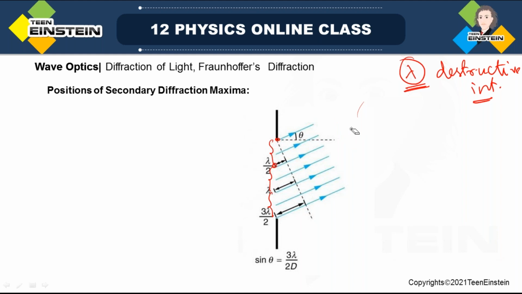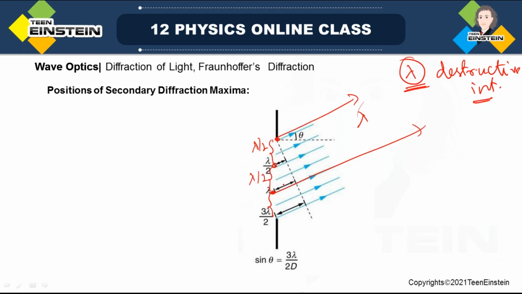But if you take any source in between these two, this light and from here another light, they will give you lambda path difference, because this part is lambda by 2, and this part is also again lambda by 2.